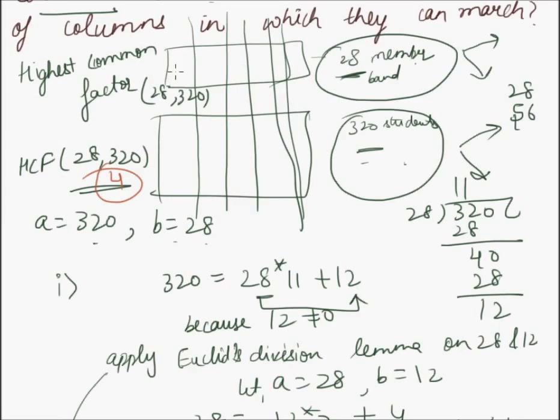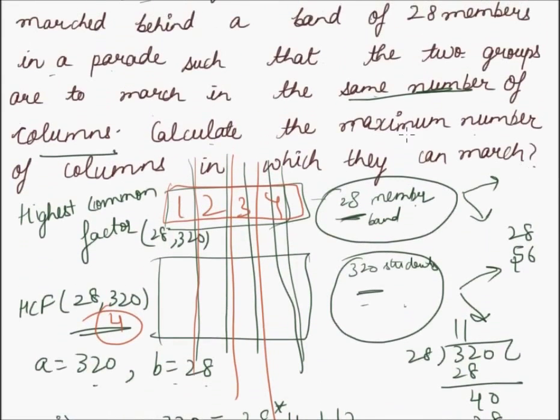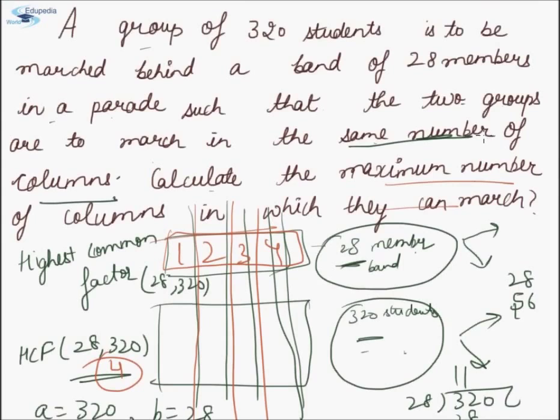Thus, if we divide both the groups into 4 columns, and correspondingly the members into these columns, we will get the maximum number of columns in which the two groups can march, such that the two groups march in the same number of columns.